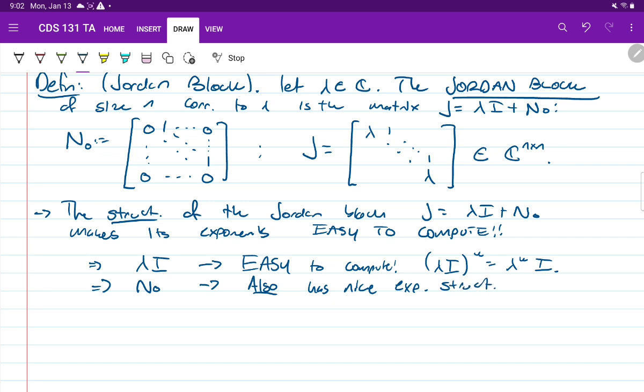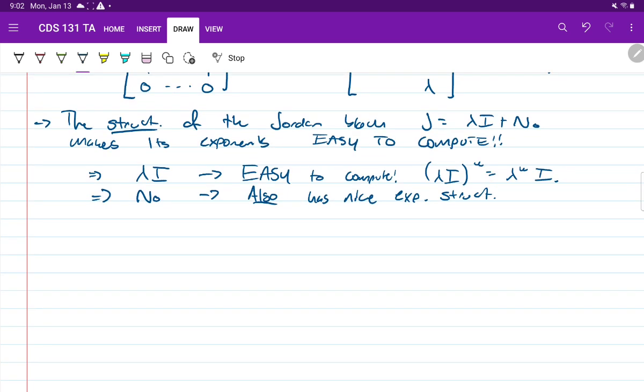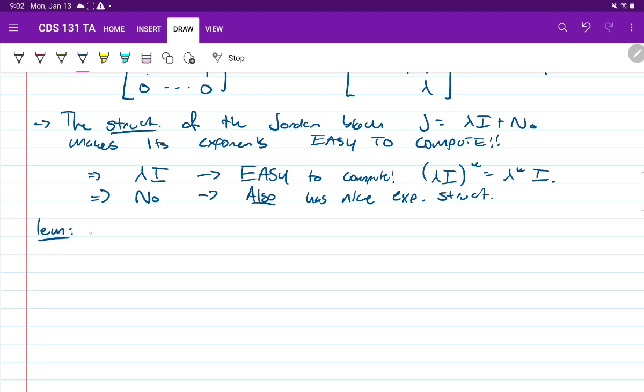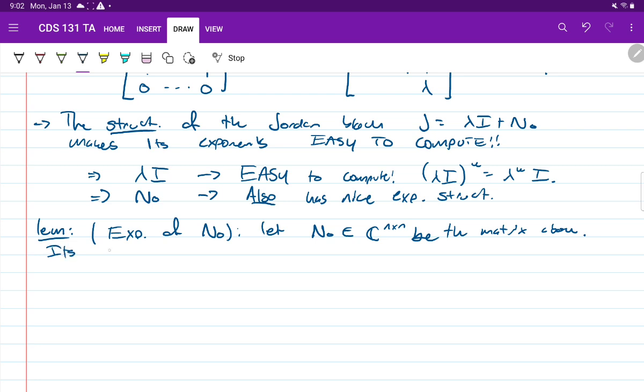All right, so let me explain now exactly what this structure is. Lemma, exponents of n naught. Let n naught in C^(n by n) be the matrix above. Its exponents respect the sequence as follows.